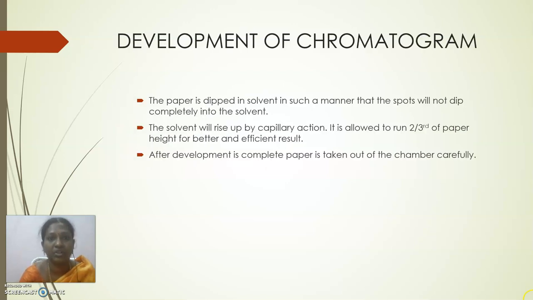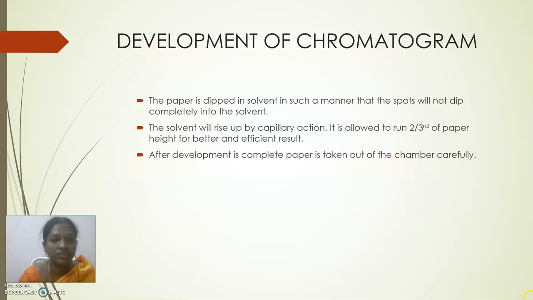Development of the chromatogram. The paper is dipped in the solvent in such a manner that the spots will not dip completely in the solvent. So we have to place the paper inside the solvent so that the spot is not completely immersed in the solvent. And as we start this, the solvent will rise up by capillary action, and it is allowed to run 2/3 of the paper height for better and efficient results.